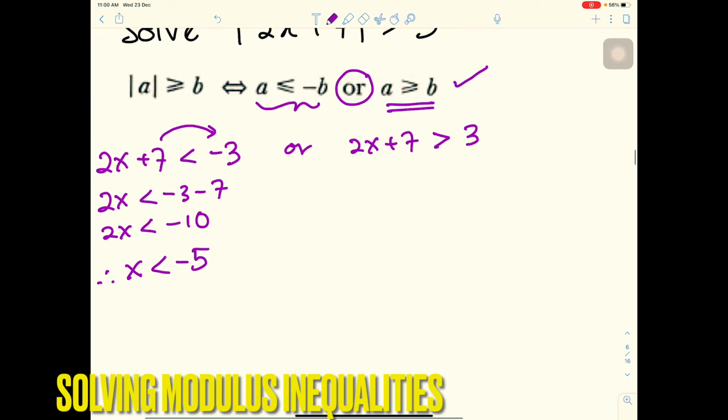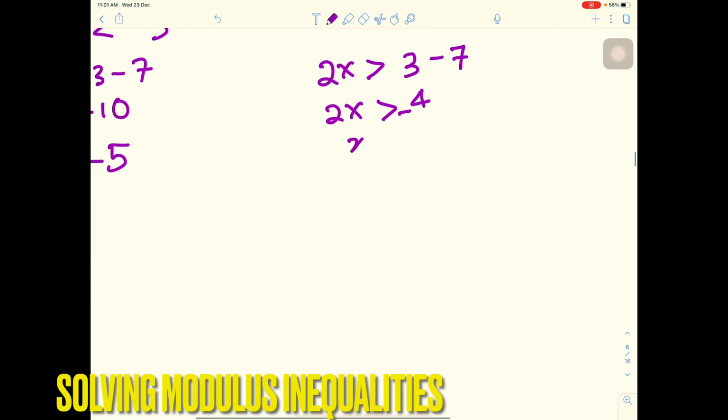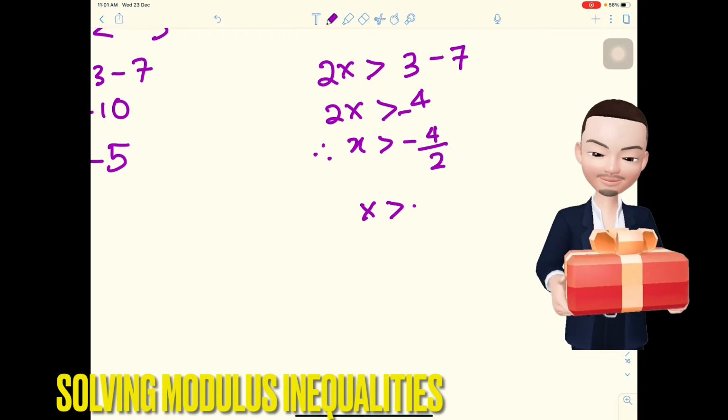And the second solution, bring 7 to the right hand side, so it becomes 2x greater than 3 minus 7, therefore 2x greater than negative 4. Now x greater than negative 4 over 2, x greater than negative 2.